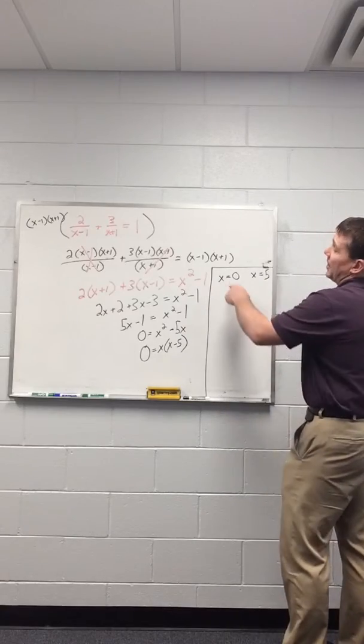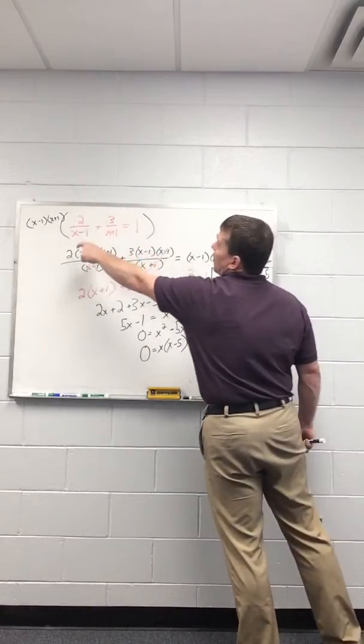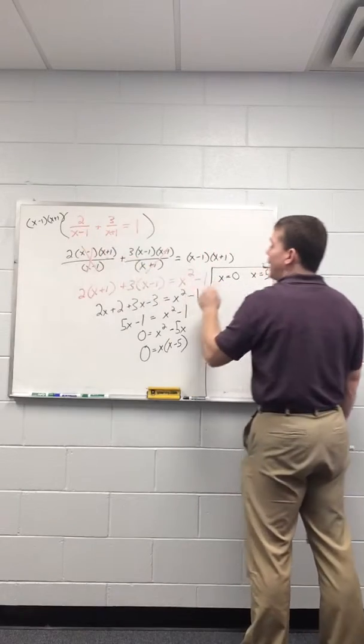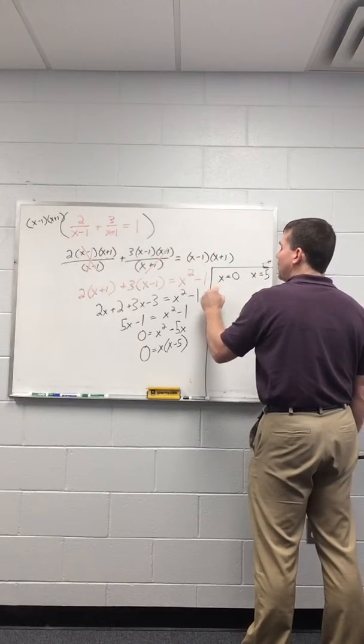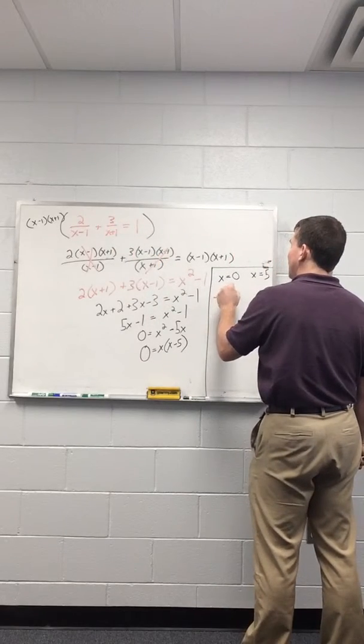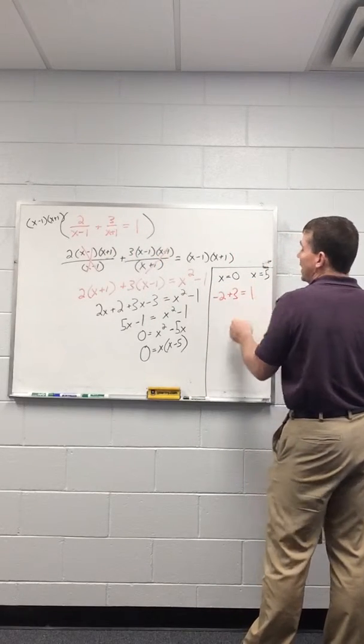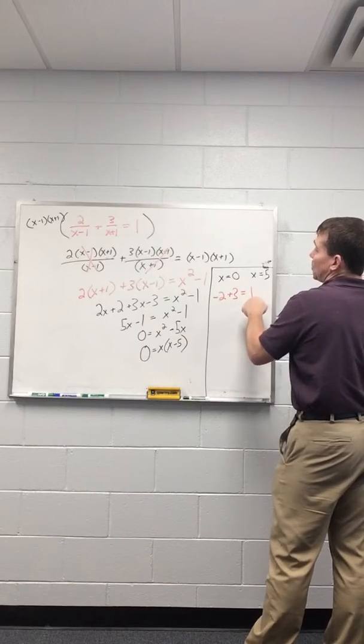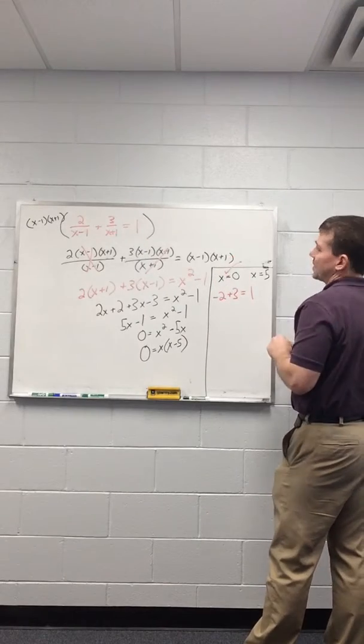If we do it really, really quickly, if I plug in 0, I get 2 over 0 minus 1, so that's 2 over negative 1, which is negative 2. 3 over 1, which is 3, equals 1. And clearly, 3 minus 2 is 1, so that checks.